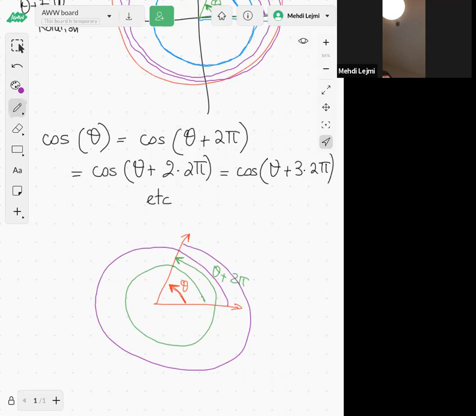It doesn't really matter in which quadrant. You can take any angle theta, add 1 full rotation, come back to the same terminal side, then add another full rotation, and you come back to the same place again.